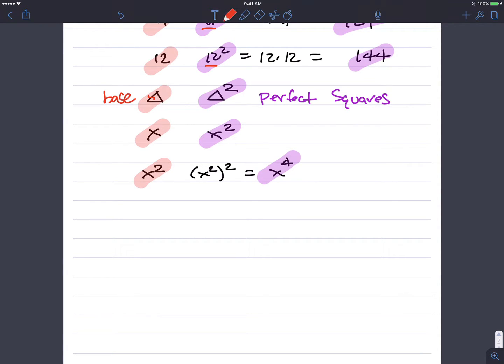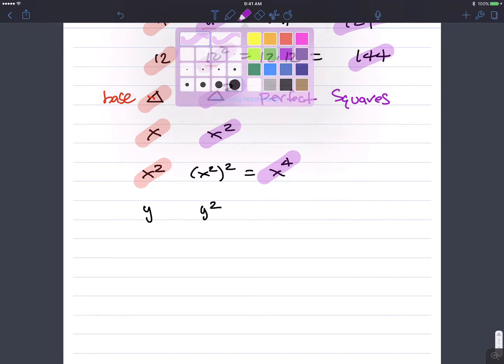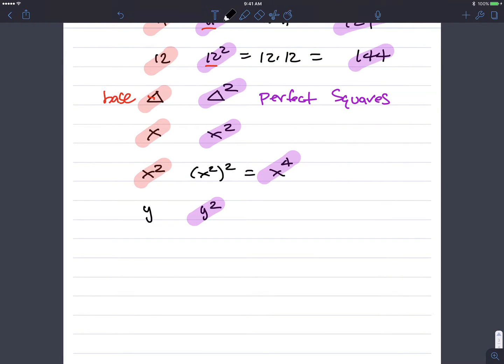Let's see if we can do some more. What if y is the base? What is y squared called? Perfect square. Good. Okay. What if z was a base? What is z squared called? Perfect square.